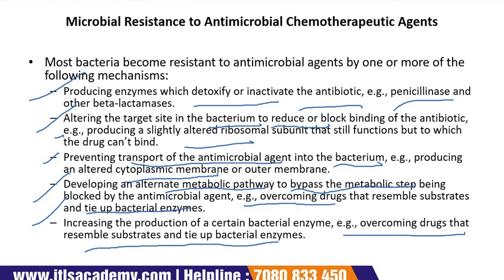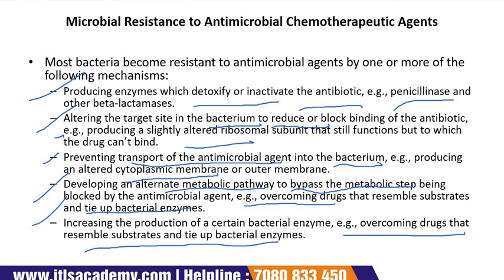So what happens when we are giving too much of an antimicrobial chemotherapeutic agent continuously? The bacteria or microbes find some way of resisting the activity of the antimicrobial agents.